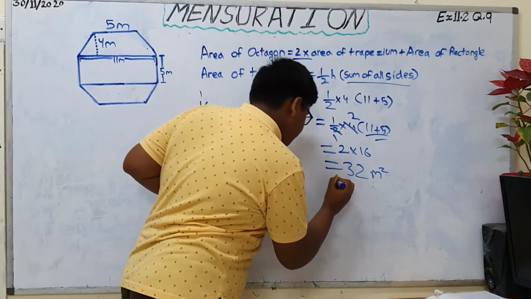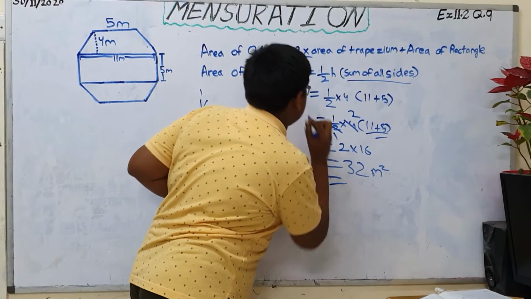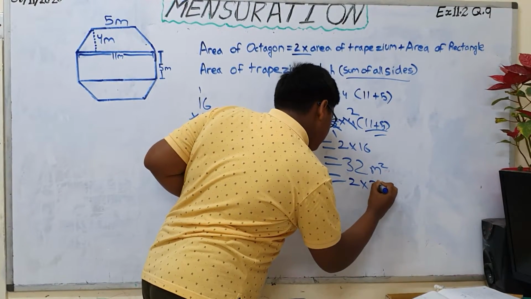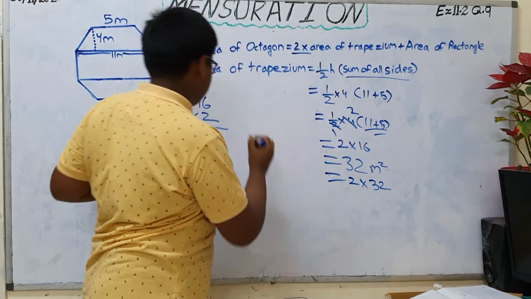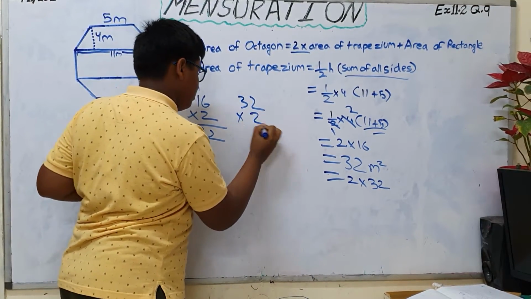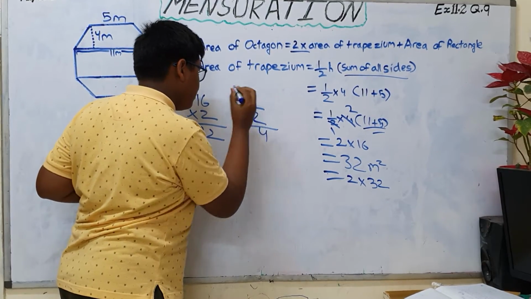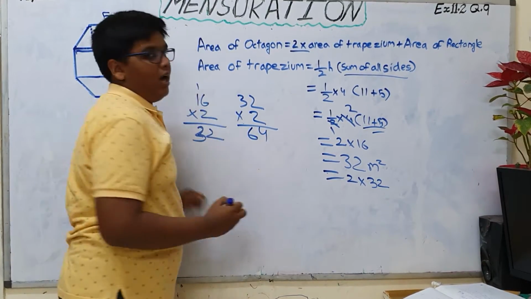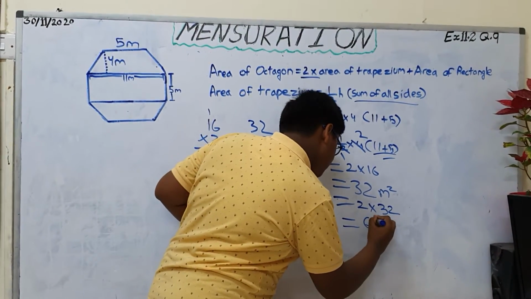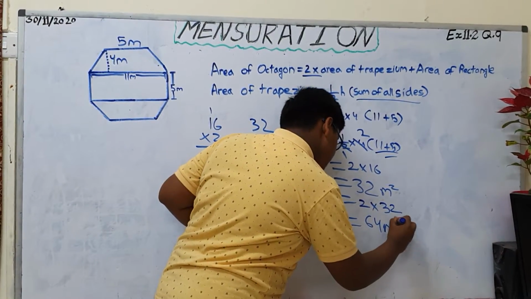Now let's multiply them. 2 into 32. Now let's multiply them here in the rough. 32 into 2. 2 2s are 4, 2 3s are 6. Now we got the answer as 64 meters square.